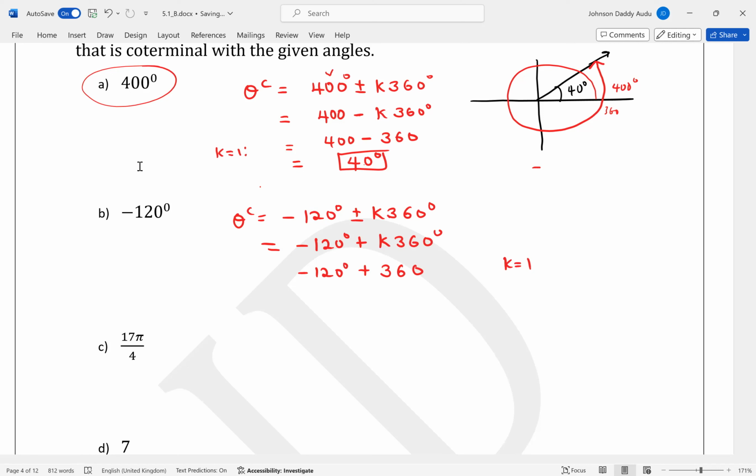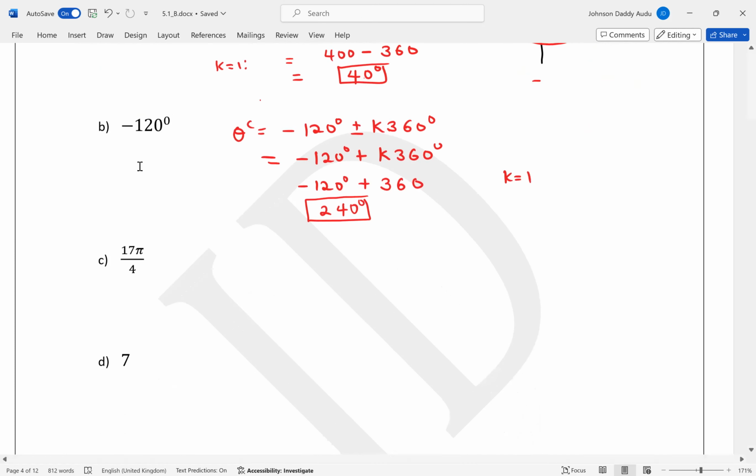This will give us 240, and this is positive. And it is less than 360, so this is good.